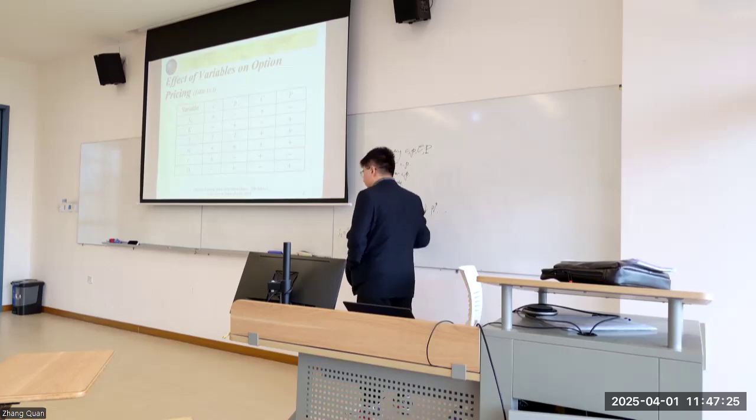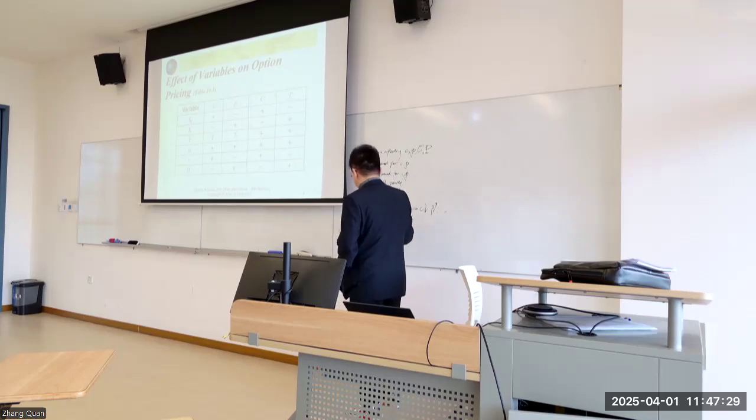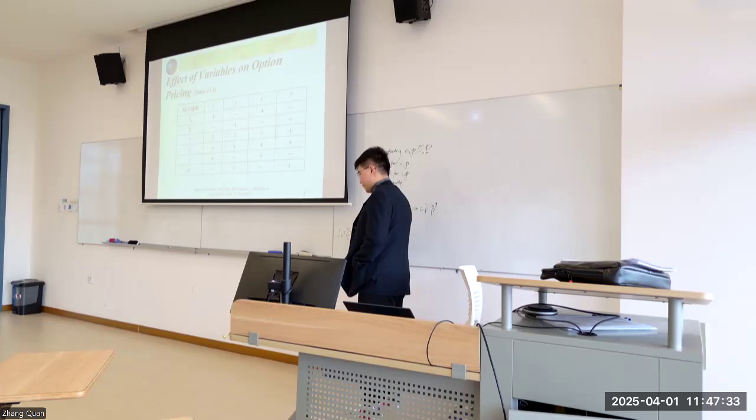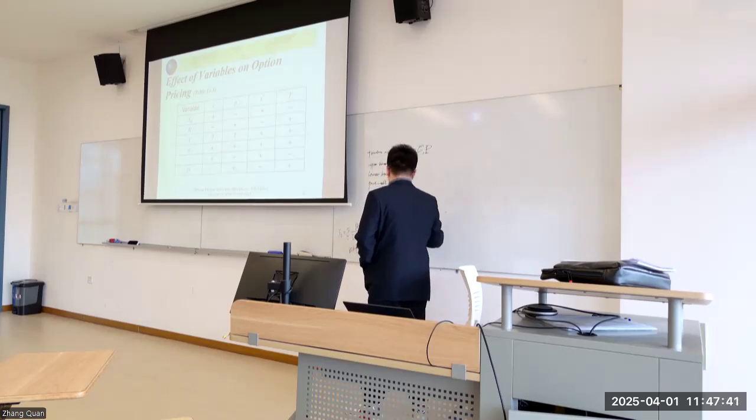So for all other risky assets, similar logic applies. If the risk-free rate is higher, then the discount rate for all future cash flow is higher. Then intuitively you should have that lower, then we should have the same conclusion as we had before.